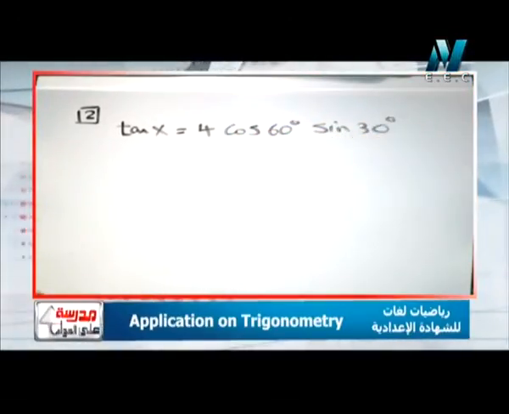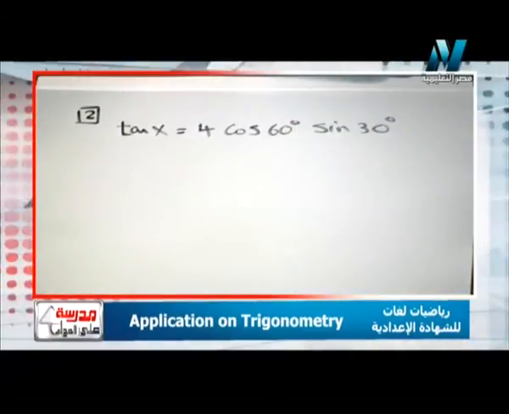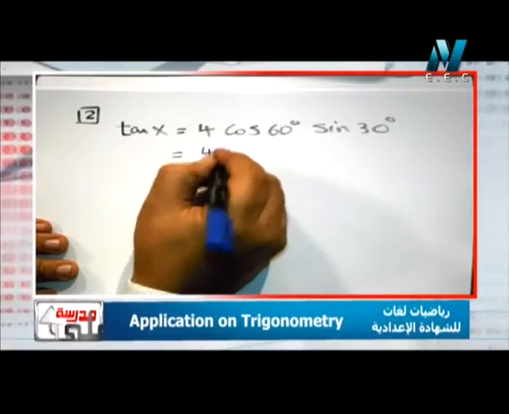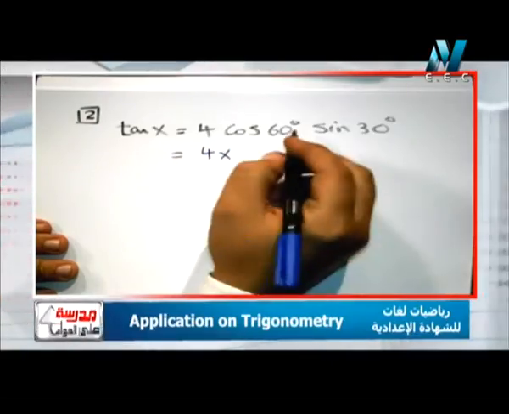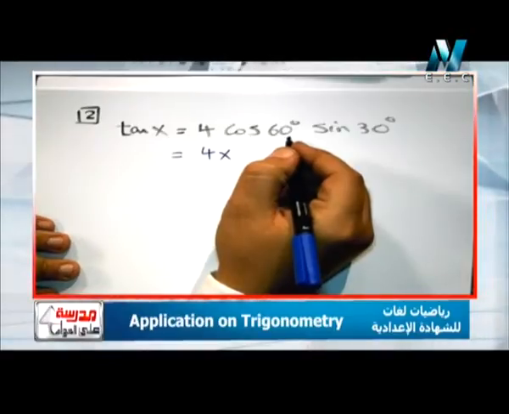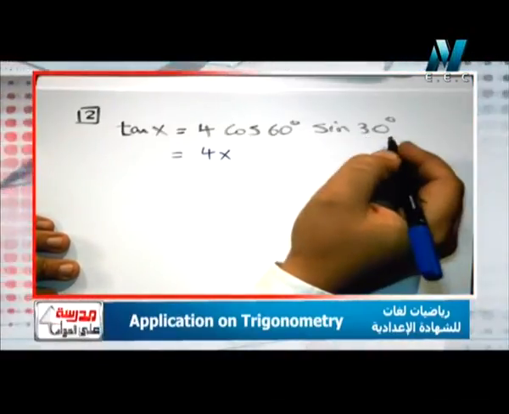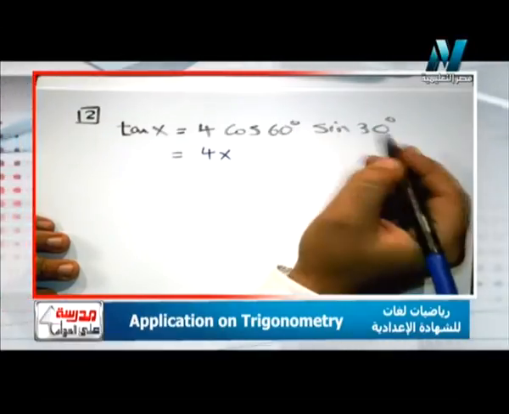Perhaps this is going to be our last exercise for this episode. So we want to find the measure of angle x. I'm going to work on the right-hand side. So 4 multiplied by cosine 60. Without using a calculator, you have to memorize that cosine 60 is the same as sine 30, because the sum of these two angles is 90 degrees.